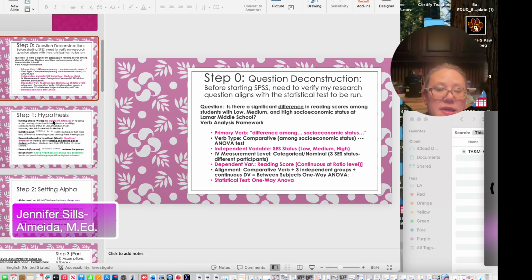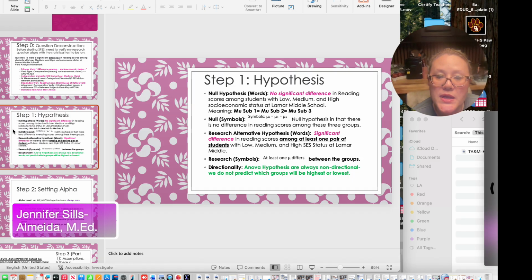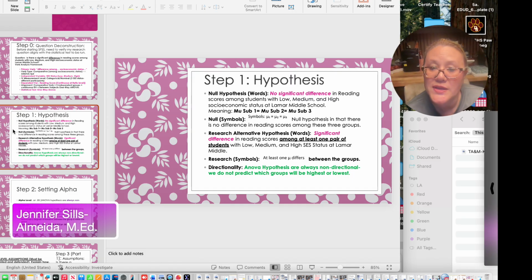Now, the next one will be step 1, hypothesis. When we are looking at this, we have to determine the null hypothesis. The null hypothesis states there's no significant difference in reading scores among students with low, medium, and high socioeconomic status at Lamar Middle School, meaning it's mu sub 1 equals mu sub 2 equals mu sub 3, saying there's no significant difference in the reading scores based on socioeconomic status.